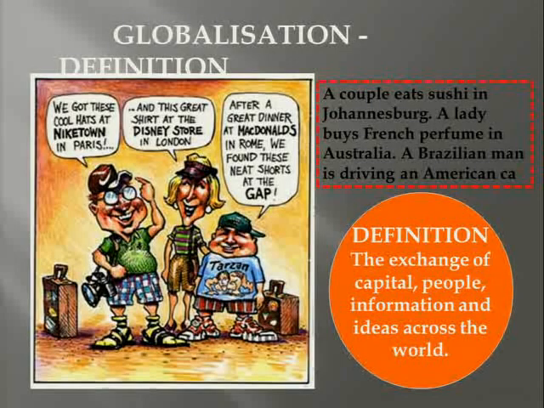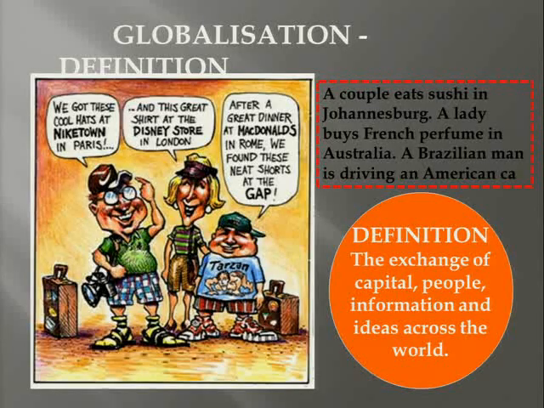This means that because of globalization, there has been an exchange of capital. People are traveling all over the world. There's an exchange of information and ideas across the world. So we are able to eat sushi in South Africa. Not sushi basically, we're able to eat McDonald's.